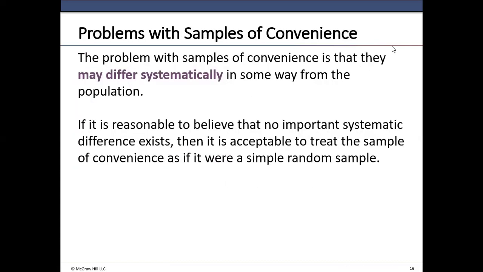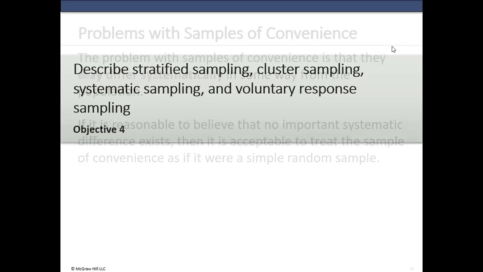The problem with samples of convenience is that they may differ systematically in some way from the population. If it is reasonable to believe that no important systematic difference exists, then it is acceptable to treat the sample of convenience as if it were a simple random sample.